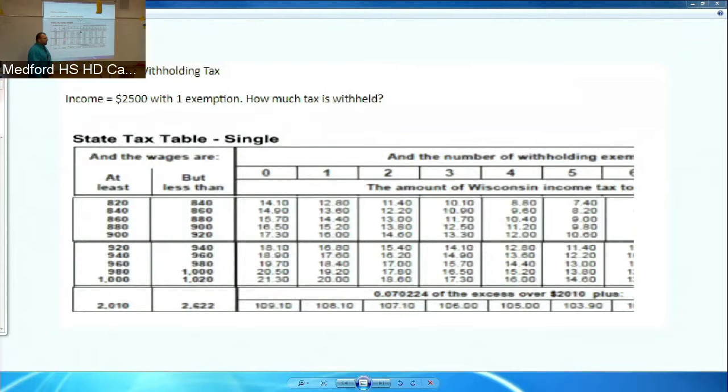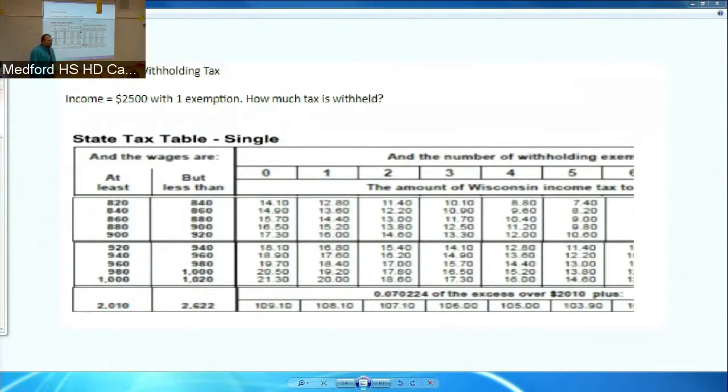This person has how many exemptions, how many allowances? 1. So we're going to use this number right here, 108.10. So we know that we have to take 108.10 and add it to something else. What are we going to add it to? We're going to add it to the excess over 2010.